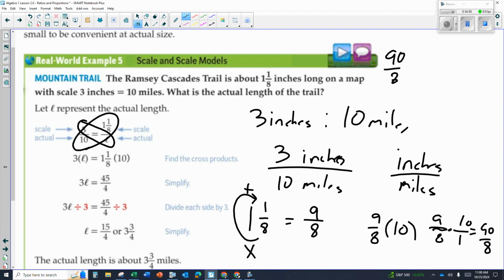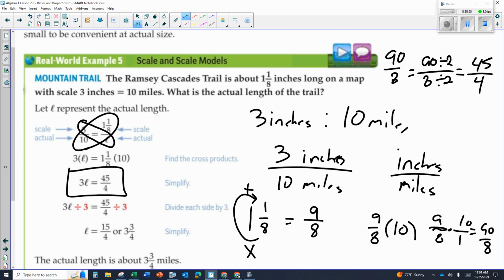And so that's actually going to be 2. So if I did, that's equal to 90 divided by 2 equals 8 divided by 2. There's my 45 divided by 4. And there are no common factors between 45 and 4, which is why we get 45 fourths there.